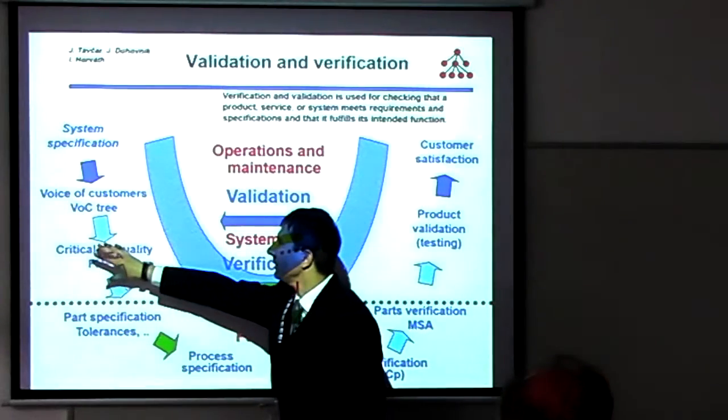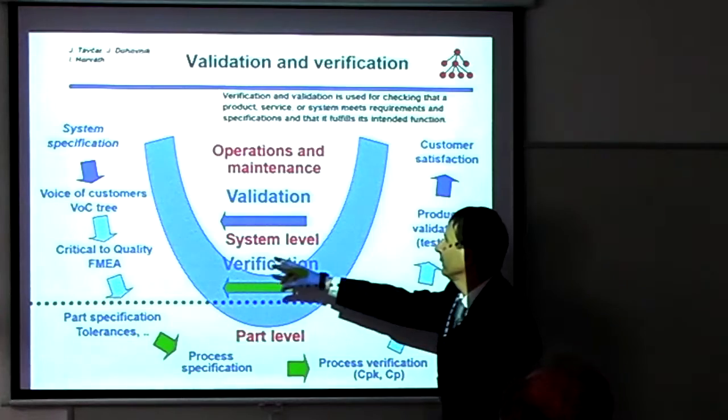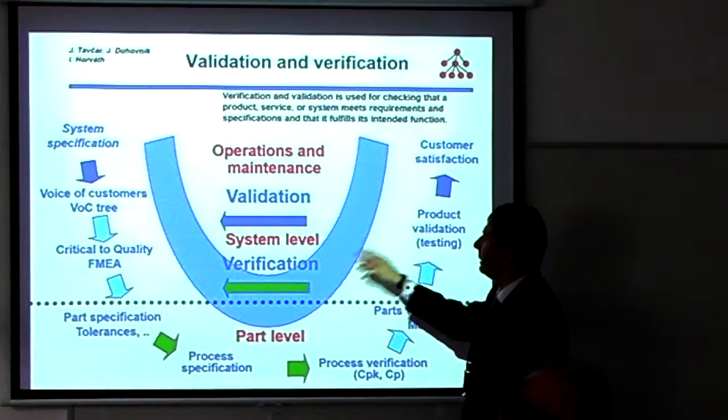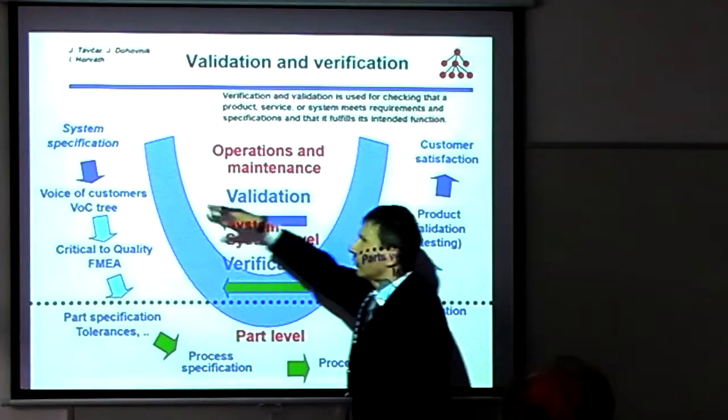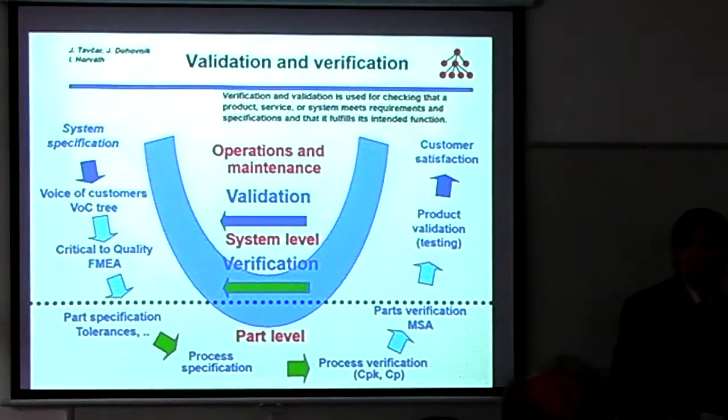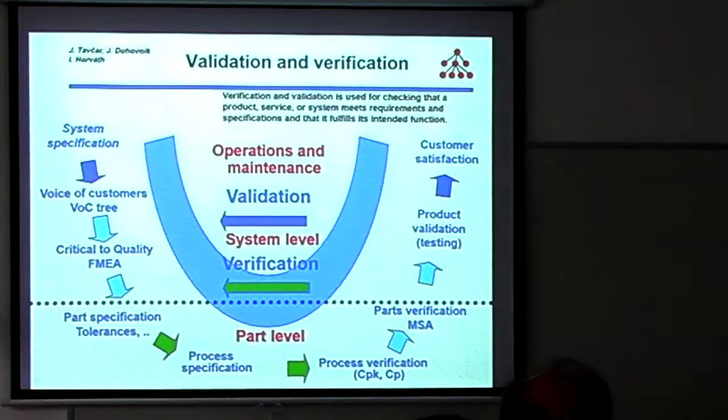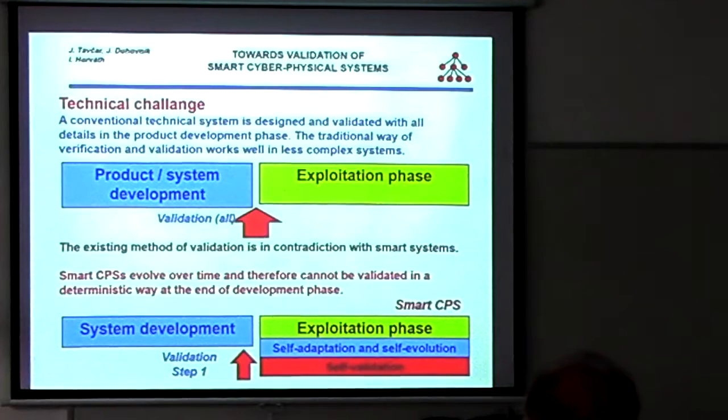Verification is when we check whether the system is according to specification, and validation is more on a high level: from the end user point of view, from the function of the system, are requests fulfilled? It's the purpose of validation.